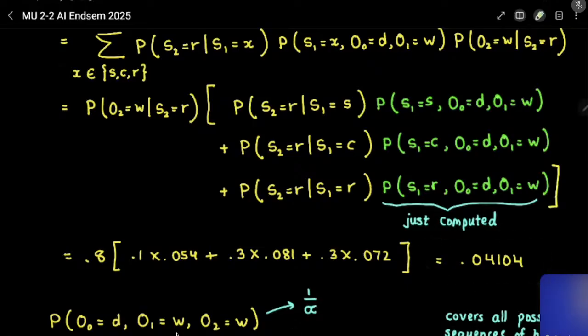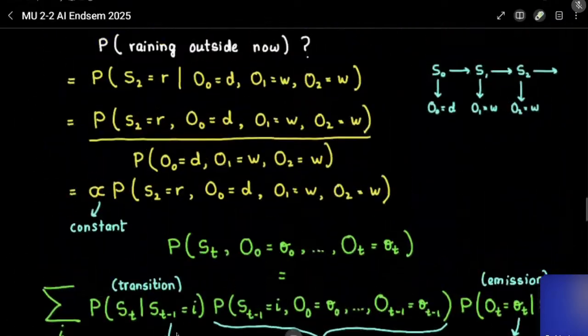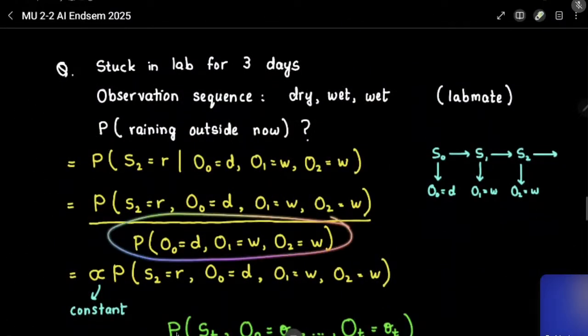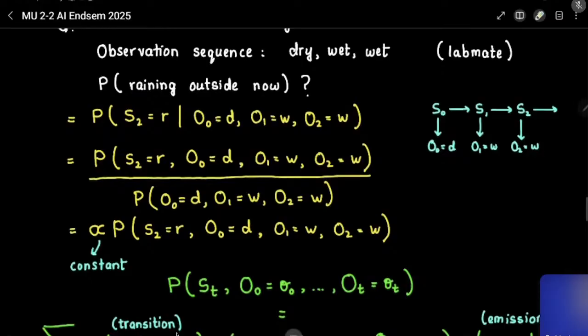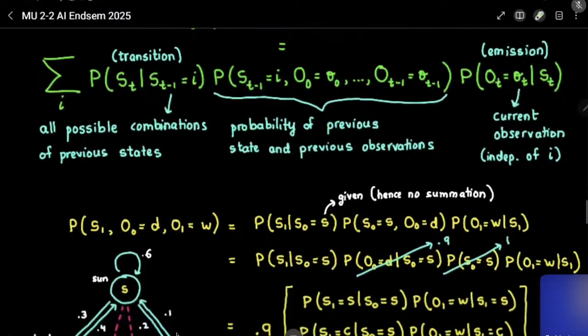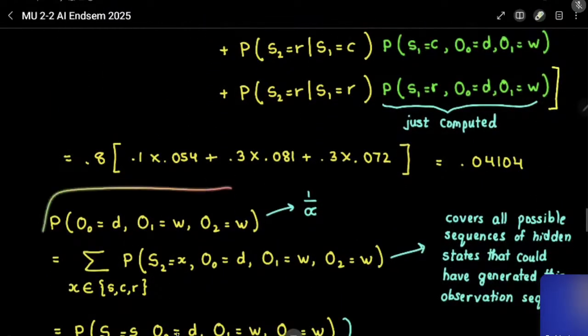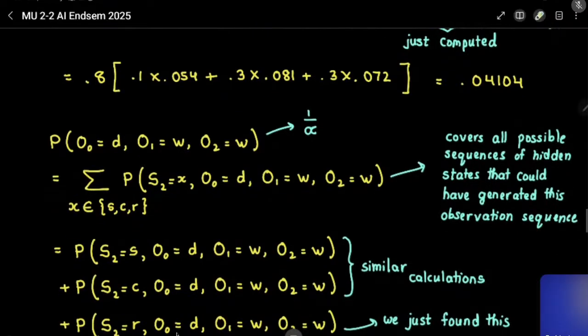We have something in the denominator, right? We had this one. So probability of this sequence of observations. How do we find this one? So you're supposed to find it this way.